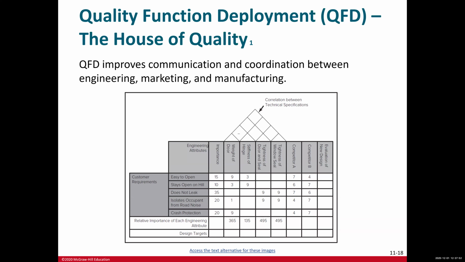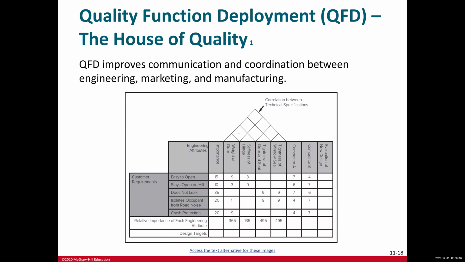And then the team identifies engineering attributes that drive all the performance. Everything that you can see on the right-hand side, all the features, like for example what's going to be the weight of the door, or what's going to be the tightness of door and seal, all these features are engineering attributes.